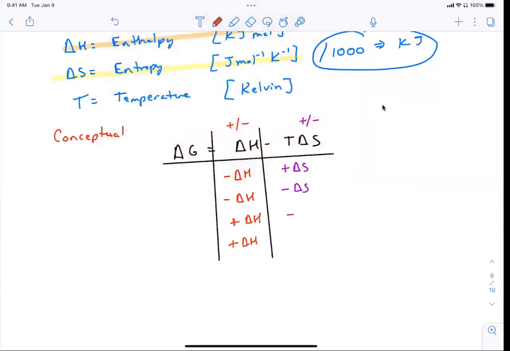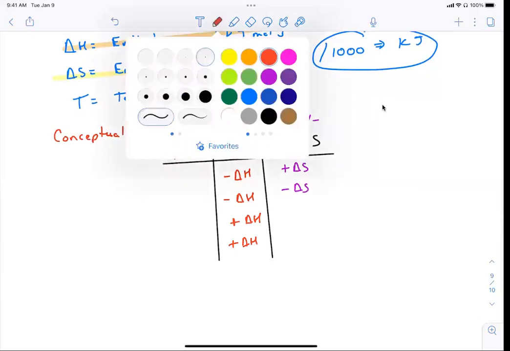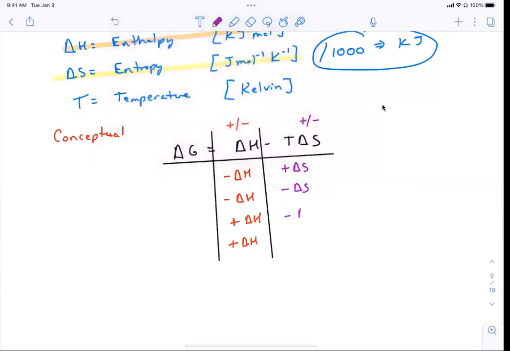Because delta S has two possibilities, I'm doing all the different possibilities. There's no words in this one. Correct, there's no words. And I'm going to write negative T in here afterwards, because I want you to think about that separately. Oh, it's just like the minus. Yes, it's the minus sign.